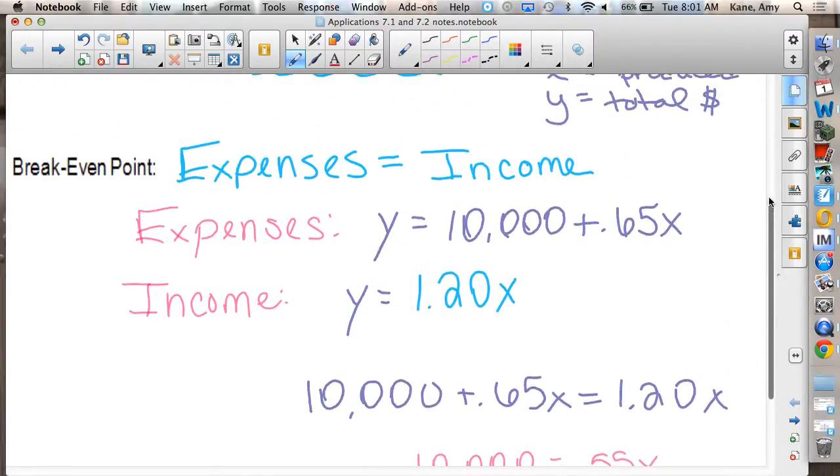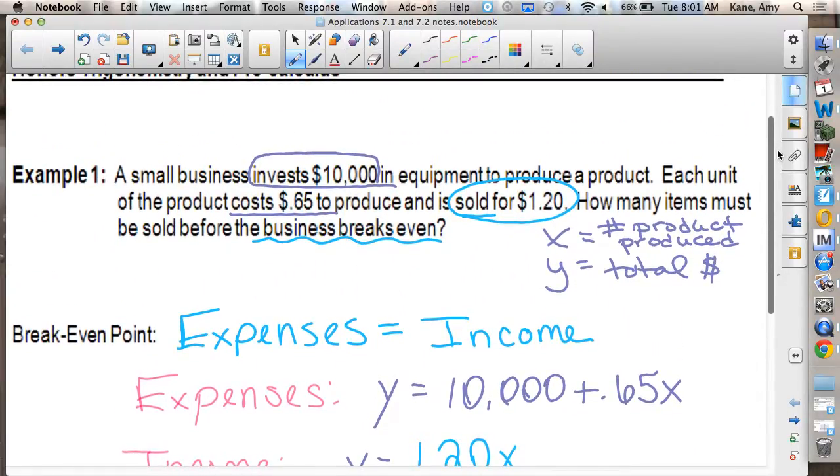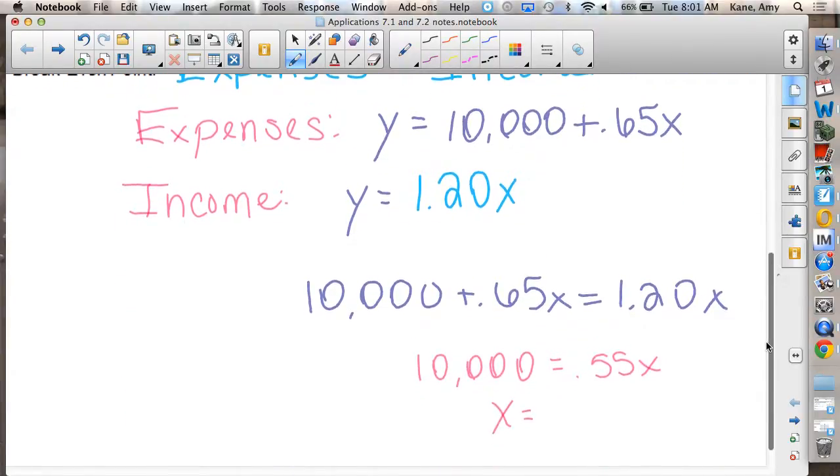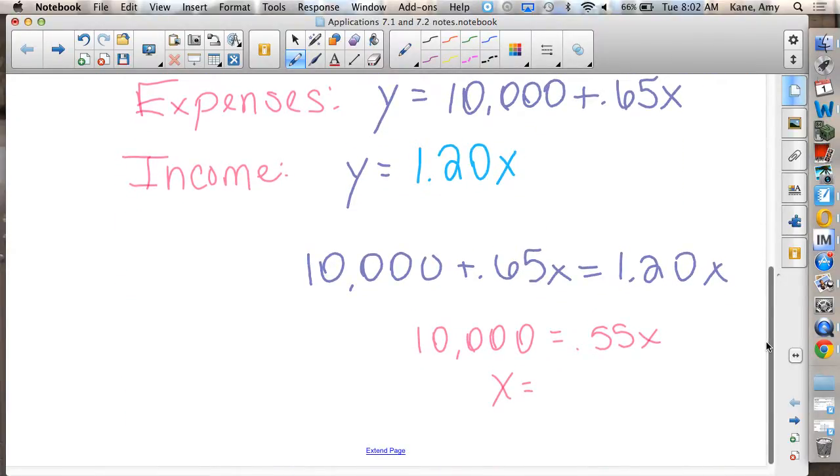So the question just asks for how many items must be sold in order for the company to break even. And then you could always find the cost, how much money you'd be spending, how much money you would be earning as well. So Matt, how many units should we be making?